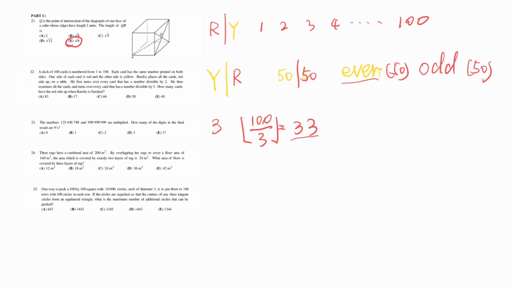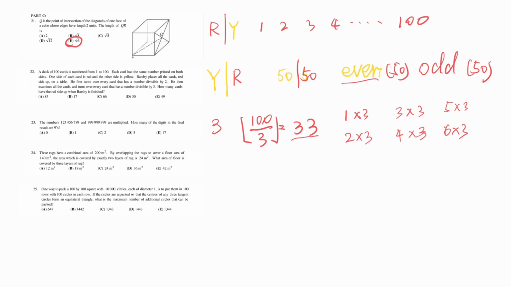But in these 33 numbers, some are even, some are odd, because they are all multiples of 3. When an odd number is multiplied by 3, like 1 times 3, 3 times 3, and 5 times 3, they are all odd numbers. But an even number times 3 is always even, like 4 times 3 and 6 times 3.